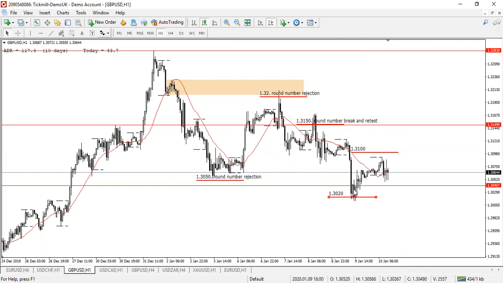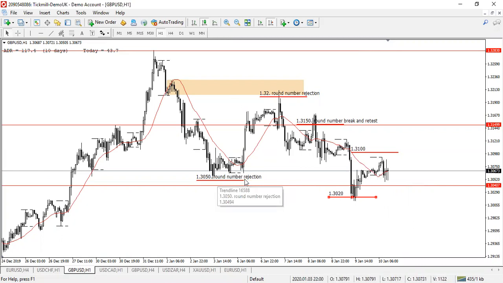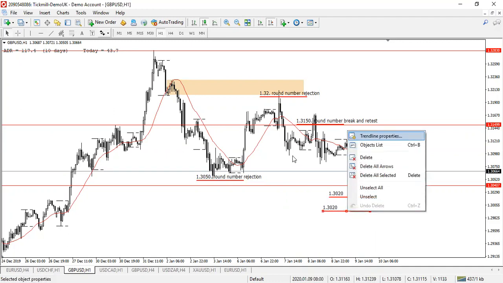So you might have bought here, and probably we don't know what is going to happen. Probably it's going to be a break and retest because this is 1.315. So this is 1.3050 here in this area. Let me change this.